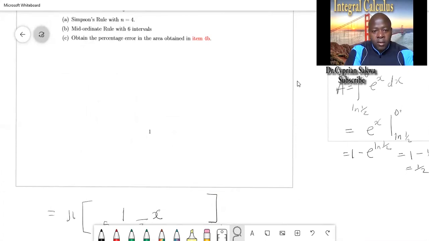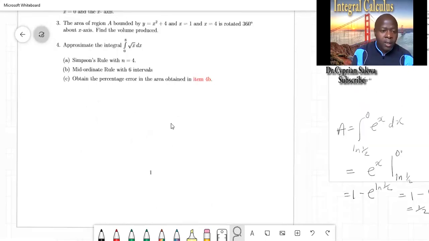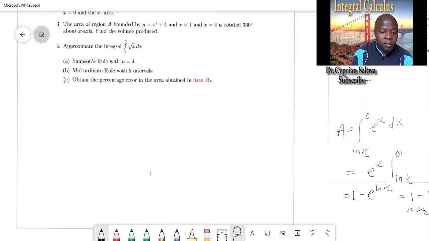Also, the equation that we're given is the integral from 0 to 8 of root x dx.